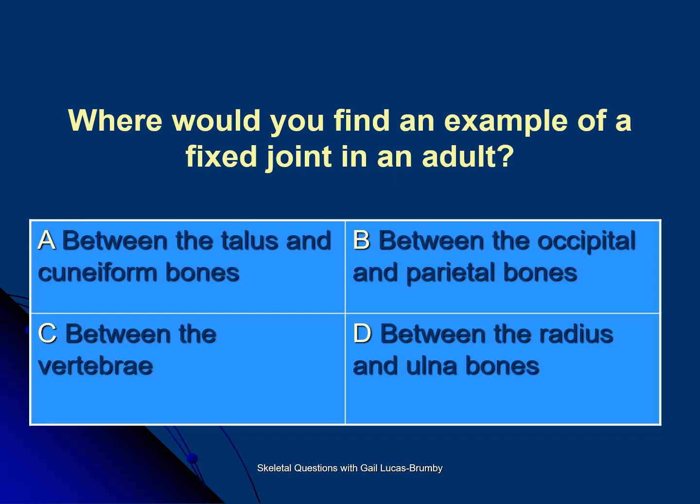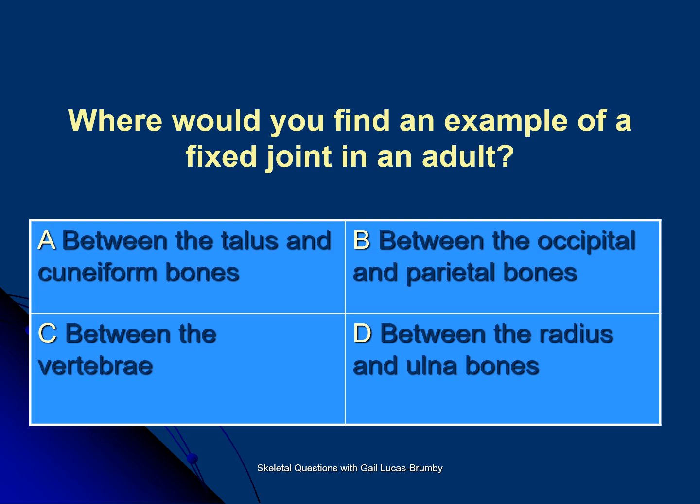Where would you find an example of a fixed joint in an adult? A, between the talus and the cuneiform bones. B, between the occipital and the parietal bones. C, between the vertebrae.